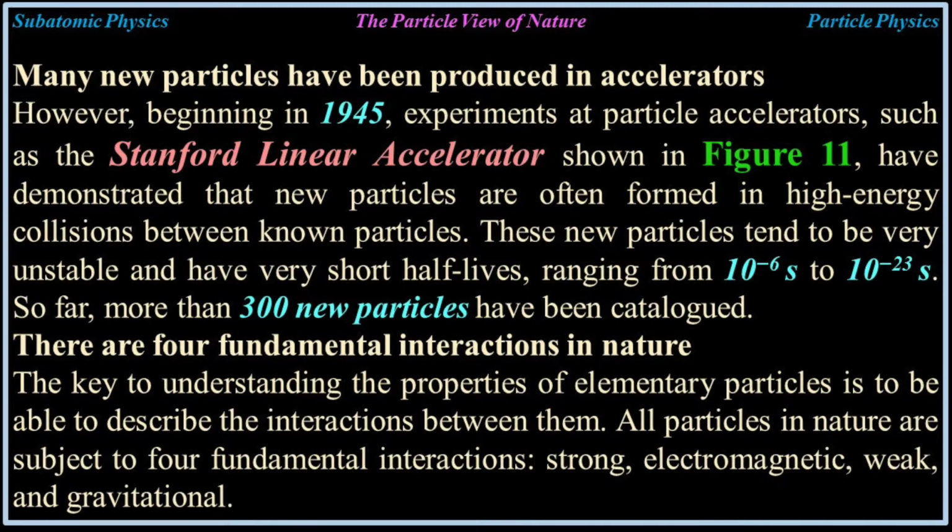There are 4 fundamental interactions in nature. The key to understanding the properties of elementary particles is to be able to describe the interactions between them. All particles in nature are subject to 4 fundamental interactions: strong, electromagnetic, weak, and gravitational.